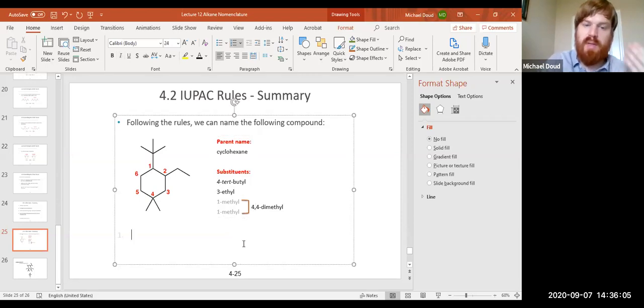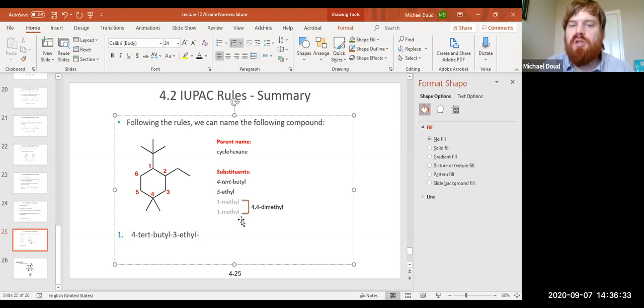So now when we put that all together, when we name it, we're going to start with alphabetical order. Remember, tert-butyl is named based on the butyl substituent here. So that becomes 4 tert-butyl. B comes before E comes before M. So that's 4 tert-butyl, 3 ethyl.